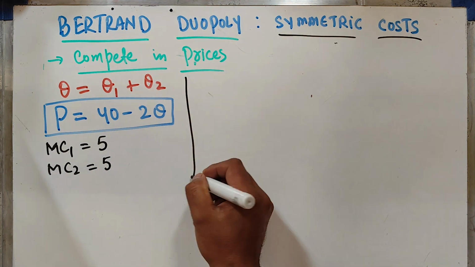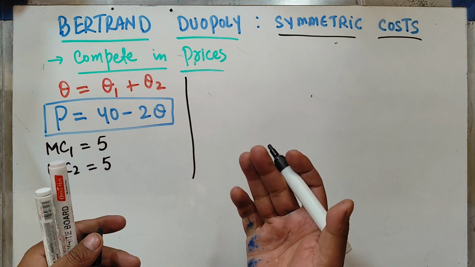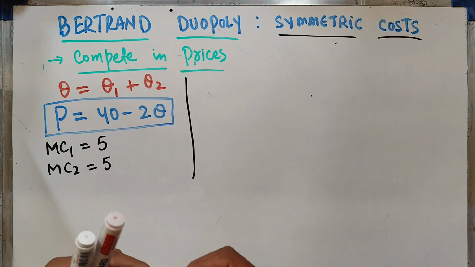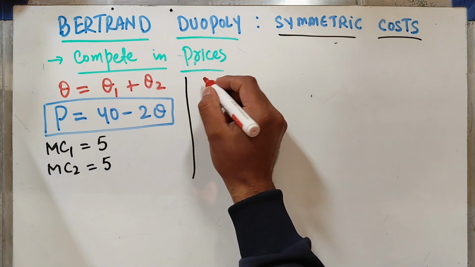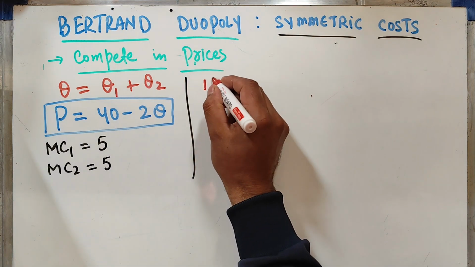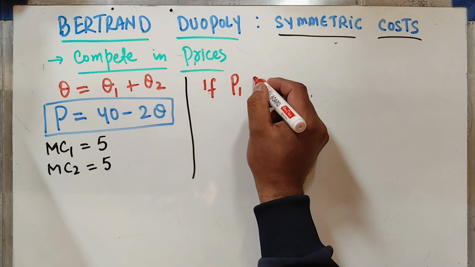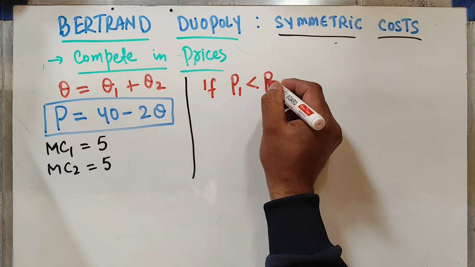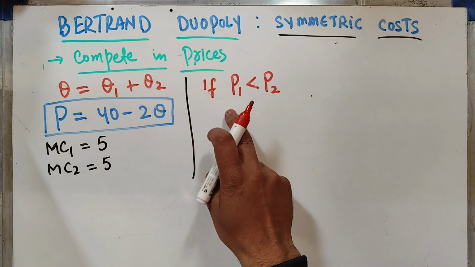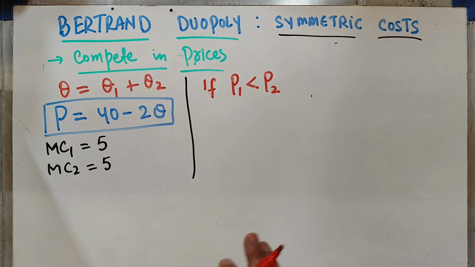Given this situation, when firms compete in terms of prices, what happens? Let us consider some scenarios. Say firm 1 charges a price less than the price charged by firm 2, P1 less than P2.